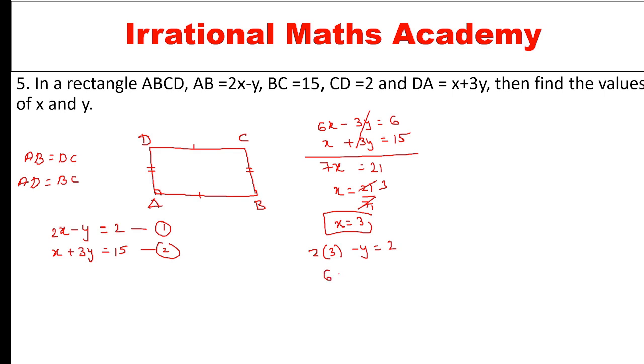If I take y to the other side, 6 equals 2 plus y, so y equals 6 minus 2 equals 4. They asked to find the values of x and y. My x value is 3 and my y value is 4.